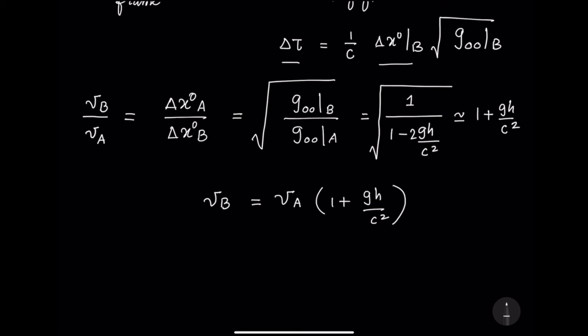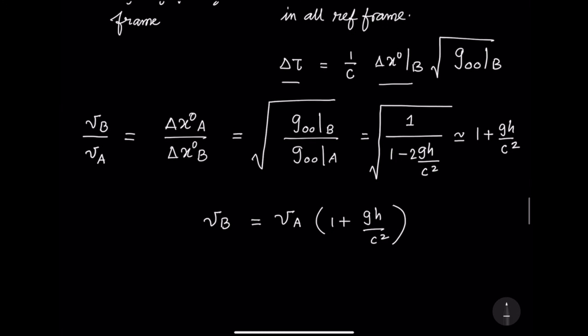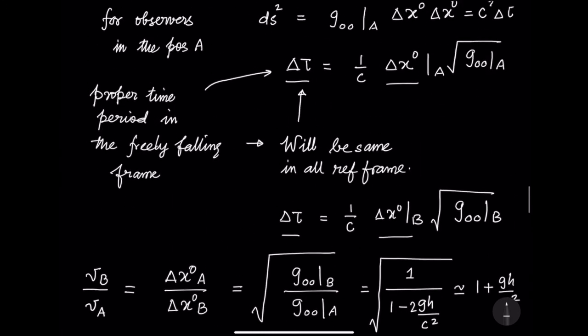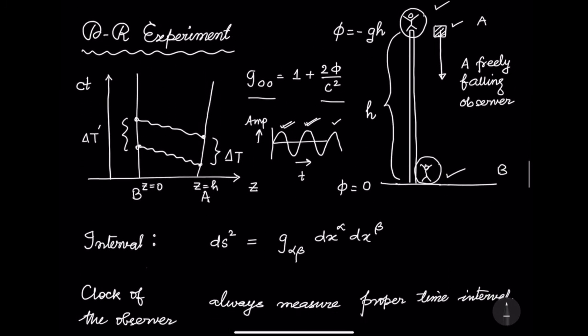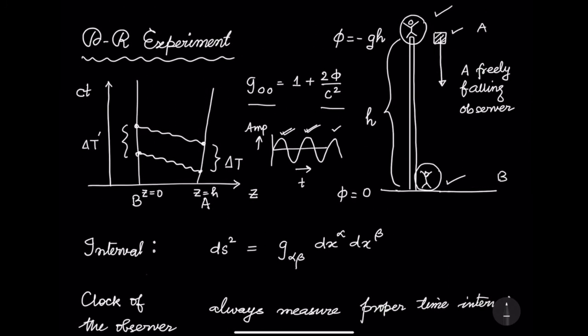So now we have an explanation of the Pound and Rebka experiment in terms of the general relativistic framework. What we said here is that we have a clock, an atomic clock, with the person falling freely from A to B. That person's clock always ticks at the same rate when he looks at the clock.